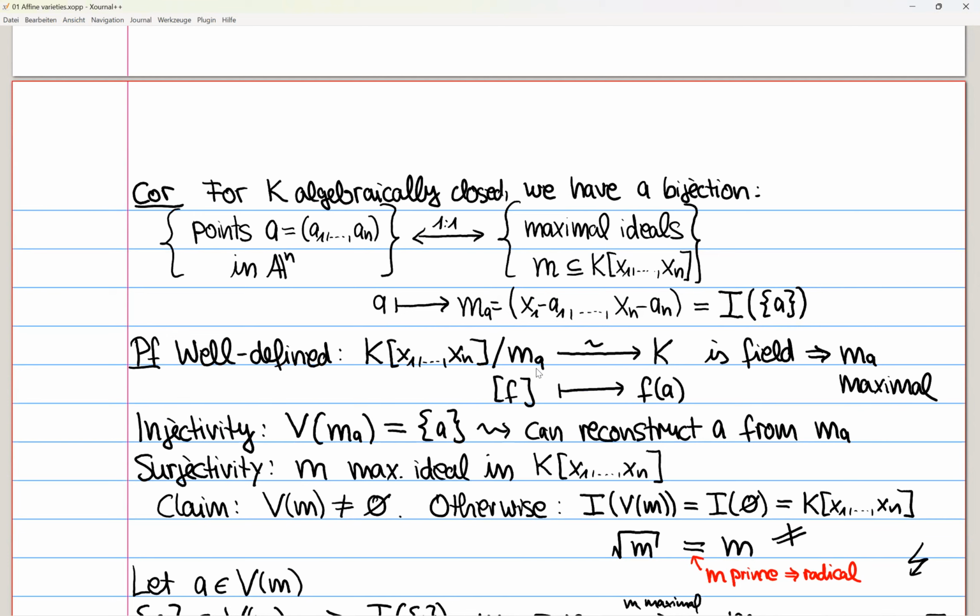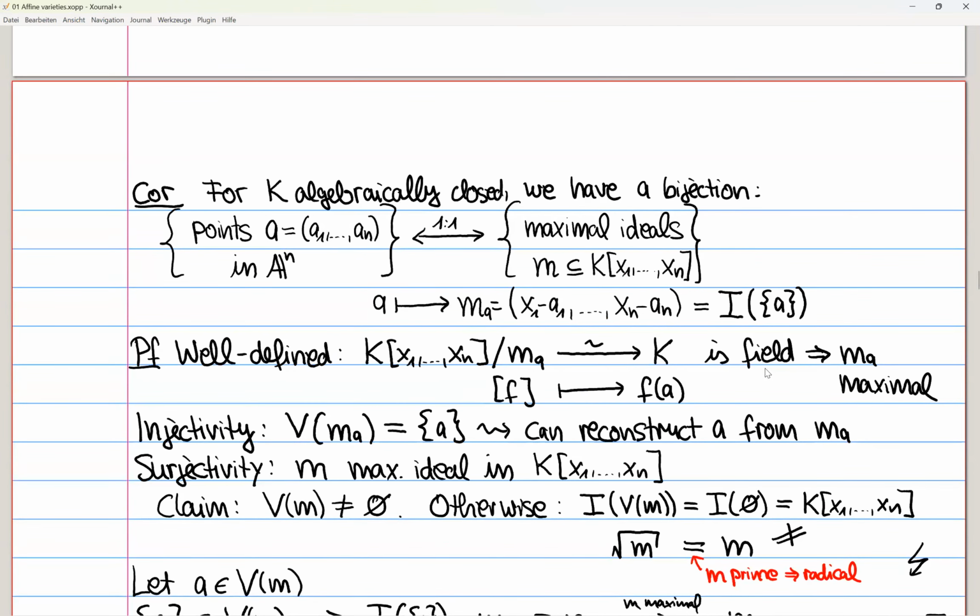And it is a very particular field, it's just the ground field K. And you can get an isomorphism here by sending the equivalence class of a function f to its evaluation at the point a. And then if you have anything in this ideal and you evaluate at the point a, then you set xi to ai, and then all of these functions, of course, vanish. And so this is a well-defined map.